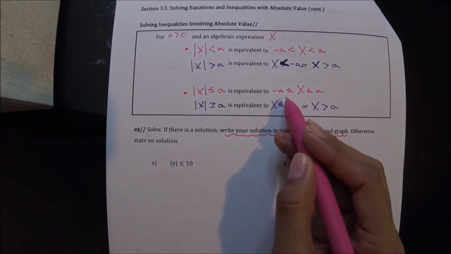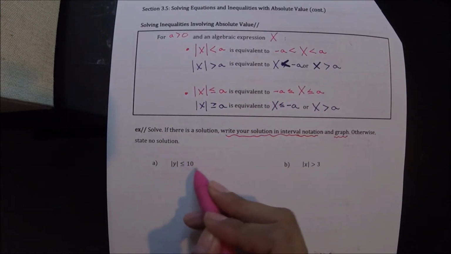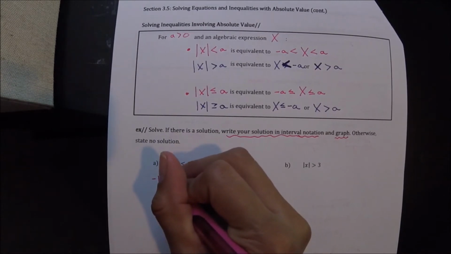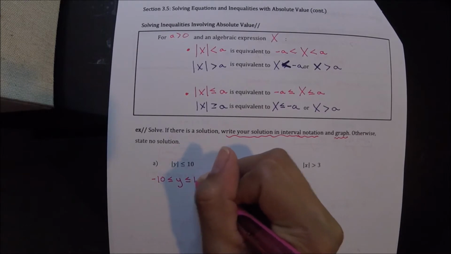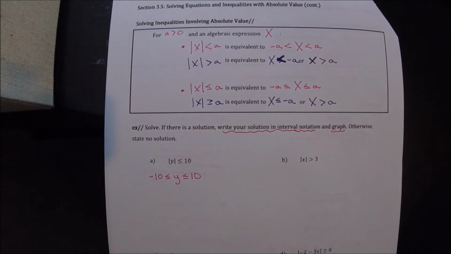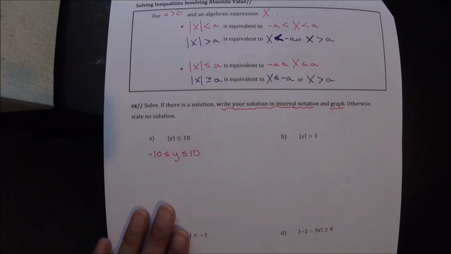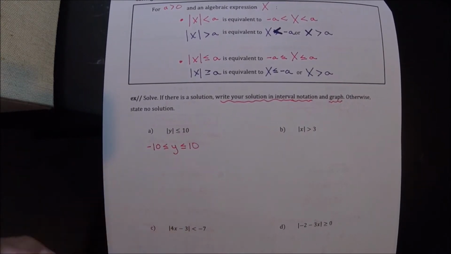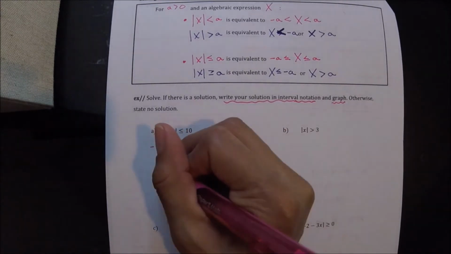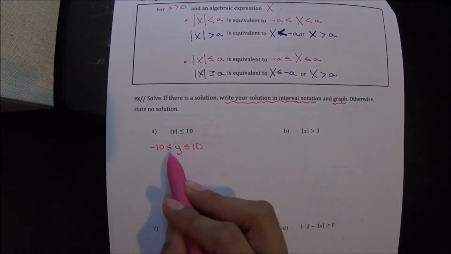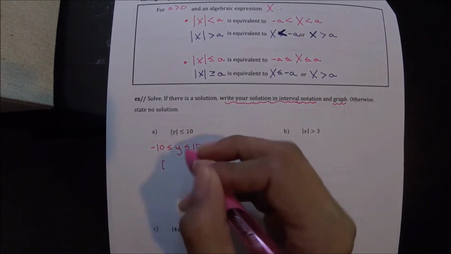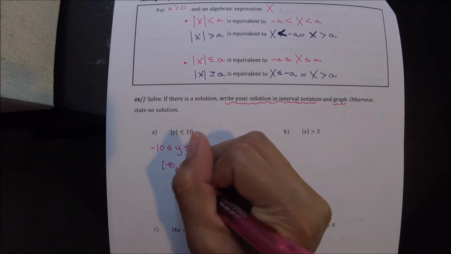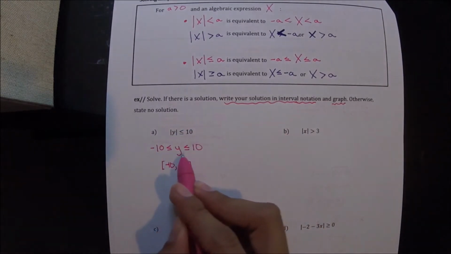So in this case, we have this number 10, we make it negative 10, and then less than or equal to y, and less than or equal to this positive 10. And then always the goal is to get the variable by itself, and the y is by itself. So we're done solving. Now we need to write it in interval notation. And this is saying that we have everything between negative 10 and 10, and then we use a bracket because of the equal part.